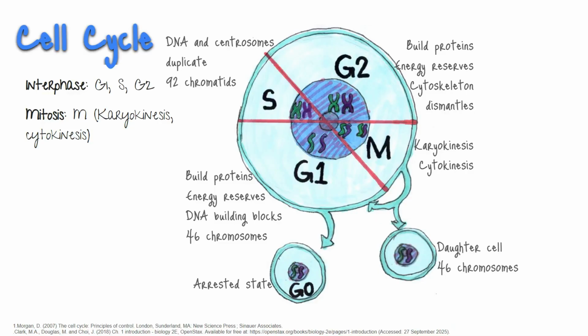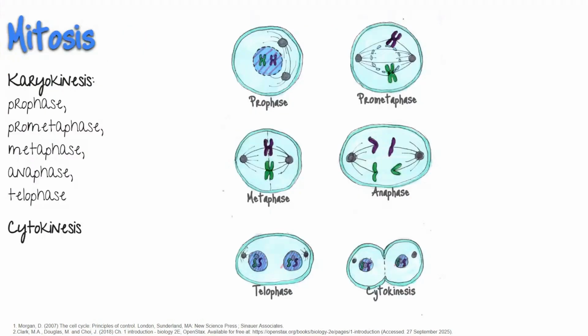In S, they duplicate into 92. And then after mitosis, it goes back to 46 chromosomes. Phases of karyokinesis are prophase, prometaphase, metaphase, anaphase, and telophase.